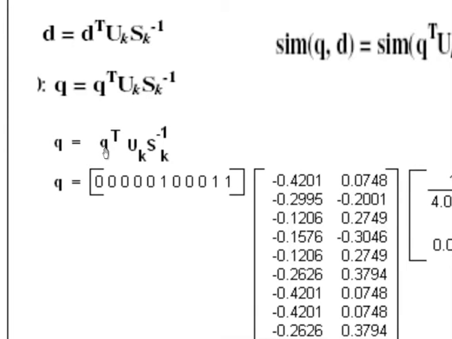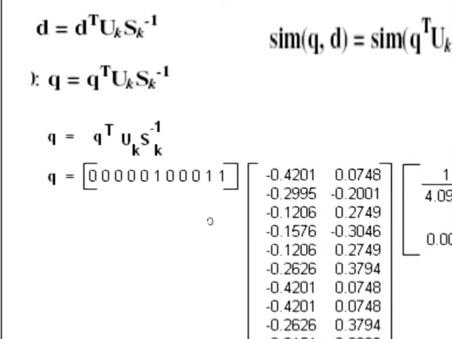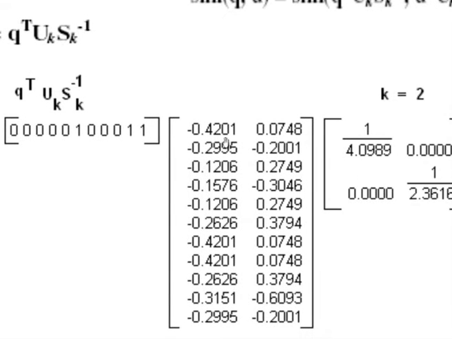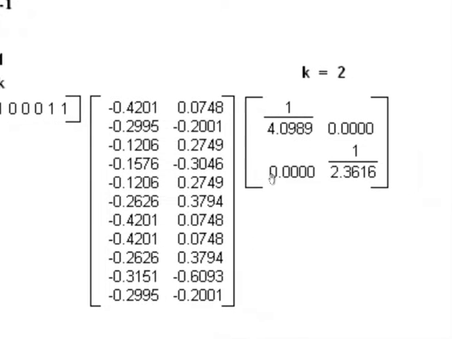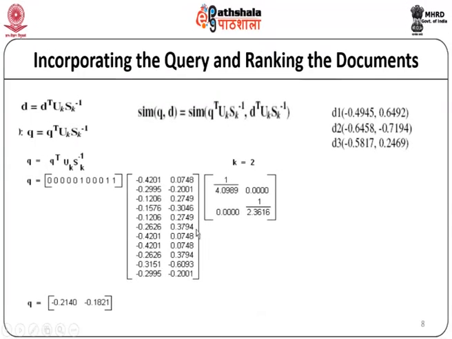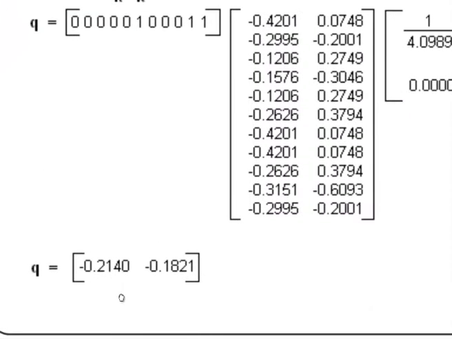So, the transpose for the Q matrix is this value, the UK matrix is the reduced U matrix and the S inverse is the inverse of the 2 dimensional singular value matrix. Now, once the query, the reduced U and S matrices are there, you can represent the Q matrix in the form of a vector.